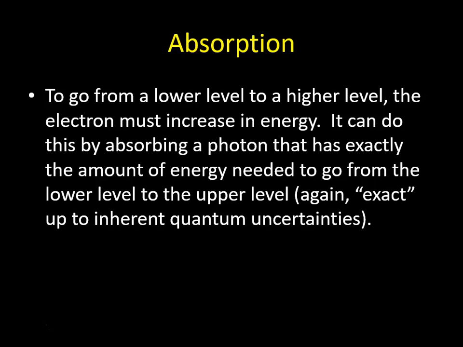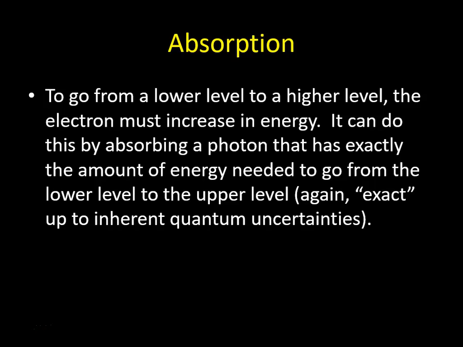Therefore, if you place a cool cloud of gas with its electrons in the lower energy levels in front of a black body, you are going to have a lot of absorption taking place as the radiation from the black body kicks those electrons that are in their lower energy levels up to higher energy levels. Well, since the energy ends up doing that, that means the particular energies that had the ability to do that end up getting absorbed.